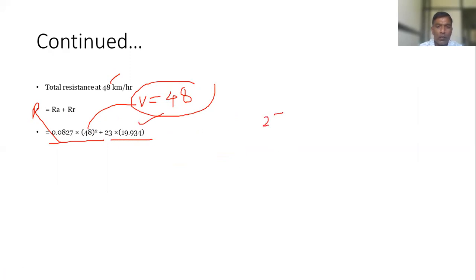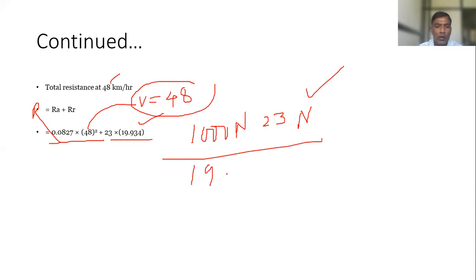So 23 Newton or 1000 Newton. This is the value of road resistance for 19934. What is the value of road resistance, and that is calculated.